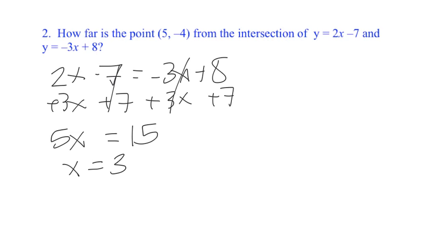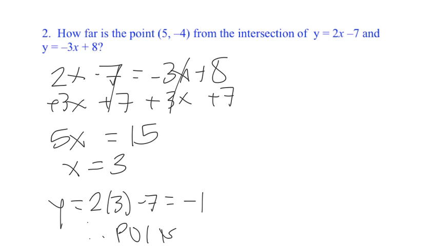Then I substitute that back into this equation up here. So I'm going to say y equals 2 times 3 minus 7, which is negative 1. So the POI is 3, negative 1.